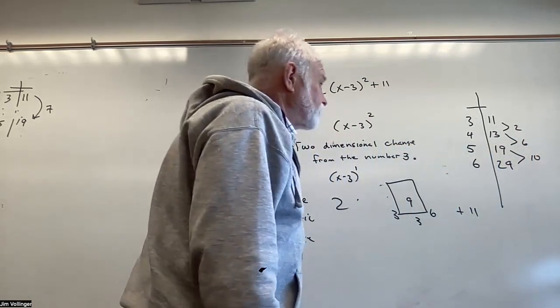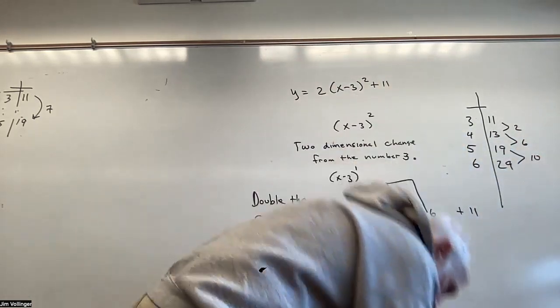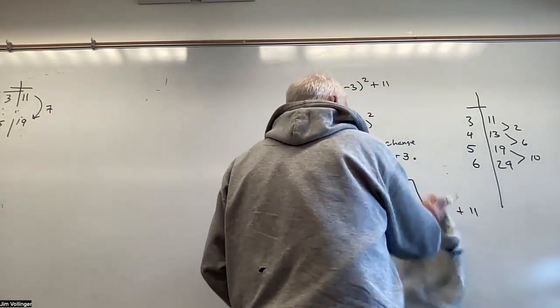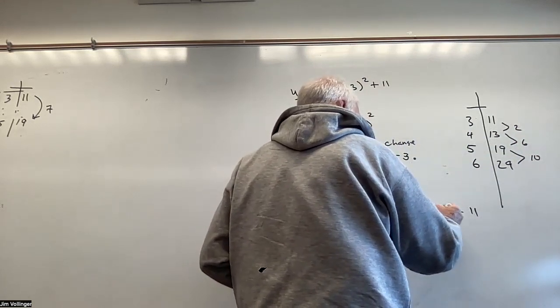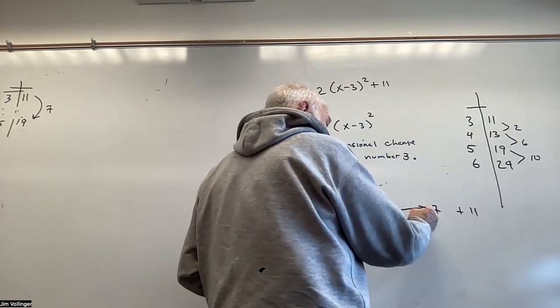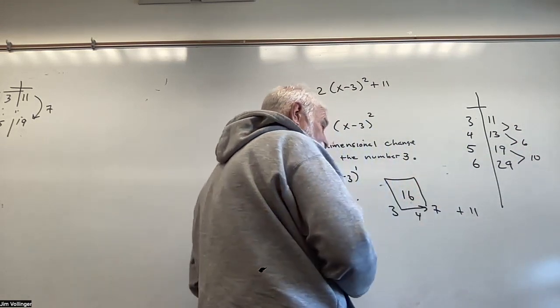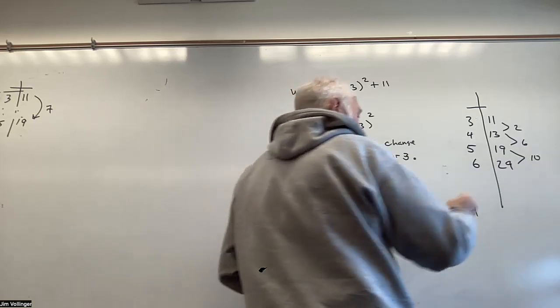Yeah, that's right, 6, 10 units of change. And we'll do one more. Let's go from 3 to 7. Well, to me, that's 4 units of linear change, but quadratic change at 16. And if I double that, I get 32 plus 11, 43.